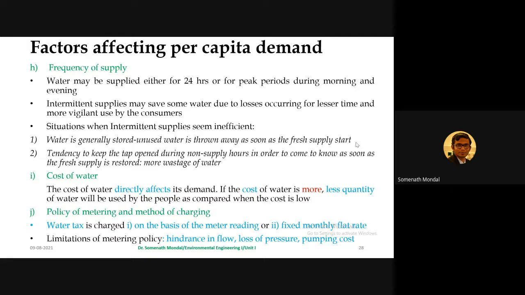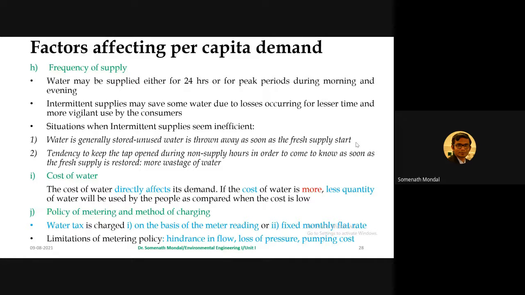So if water tax is charged based on the meter reading in individual houses, or maybe based on a fixed monthly flat rate if the income group and lifestyle of the entire community is quite uniform, then the second method also can be adopted.